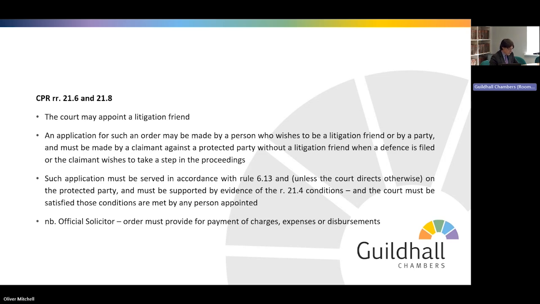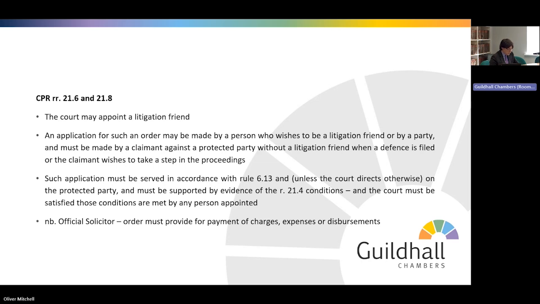They must make this application for the appointment of a litigation friend. Such application again must be served in accordance with Rule 6.13, and unless the court directs otherwise, must also be served on the protected party.